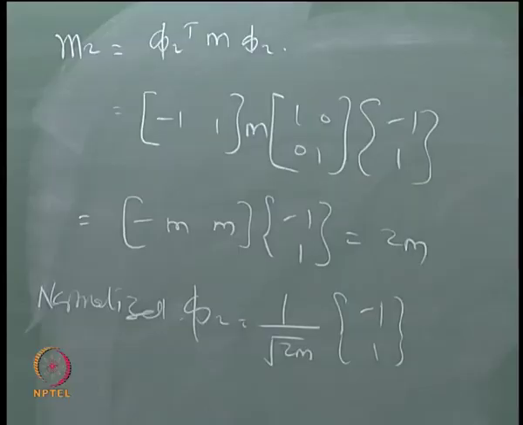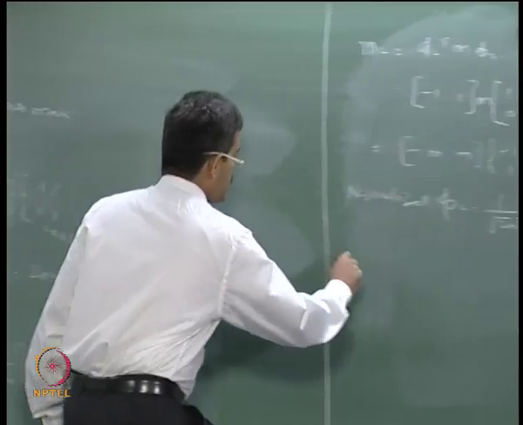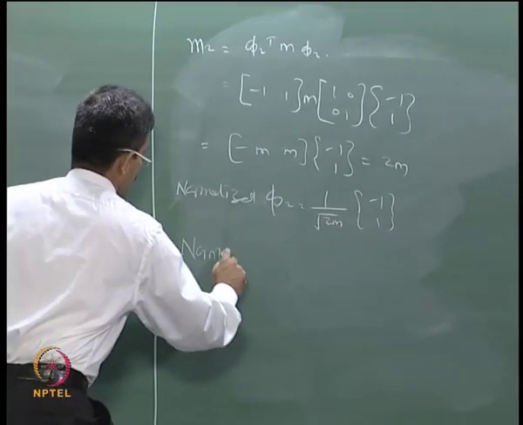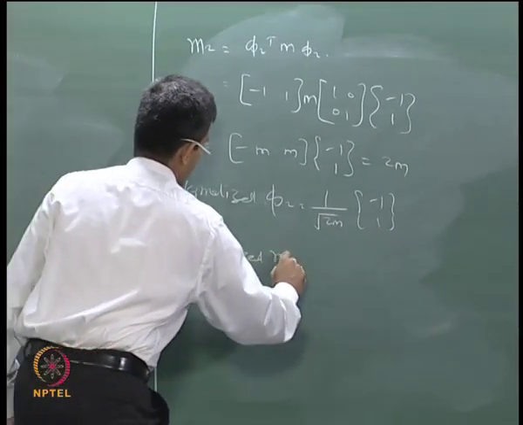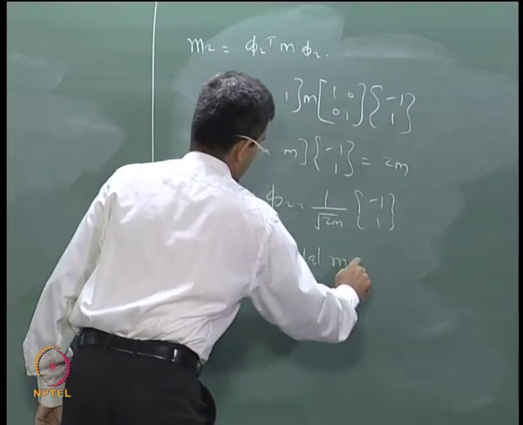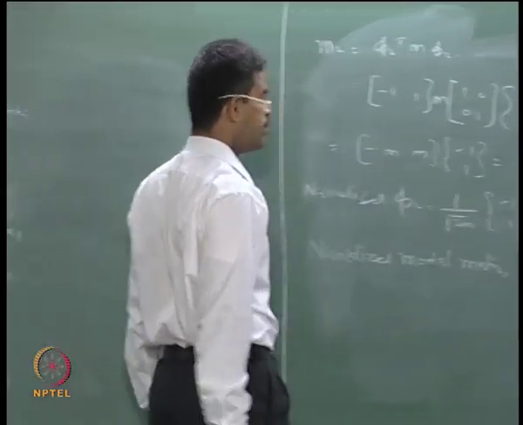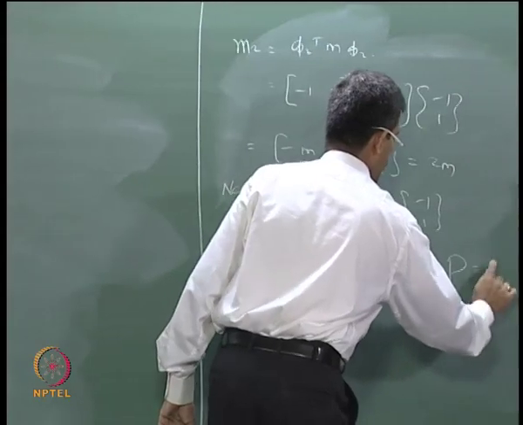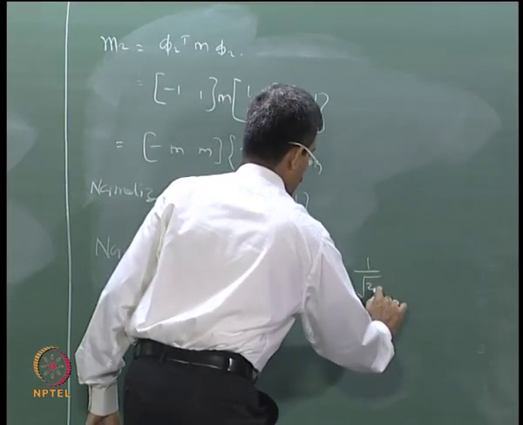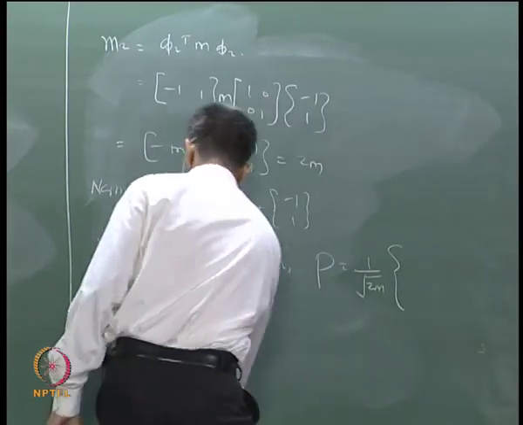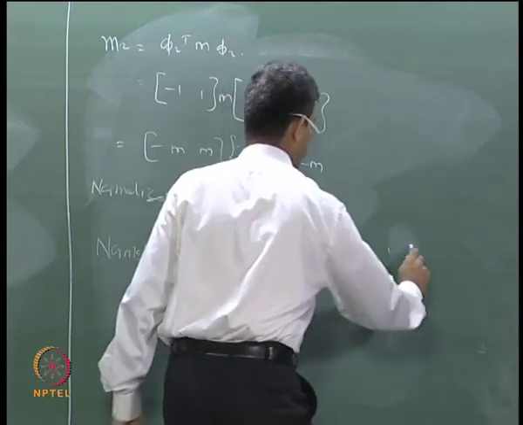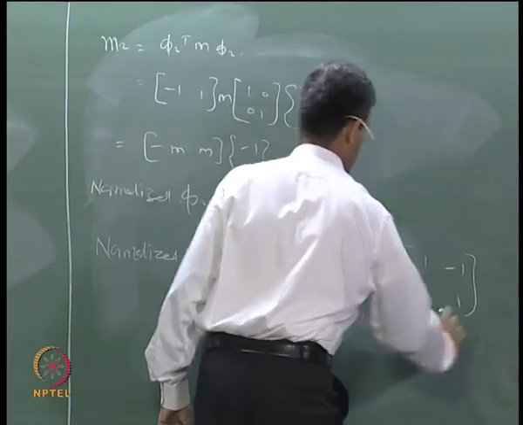So, let me write the normalized modal matrix, matrix, not a vector, P as 1 by root 2 M of 1 1 minus 1. Is that okay?